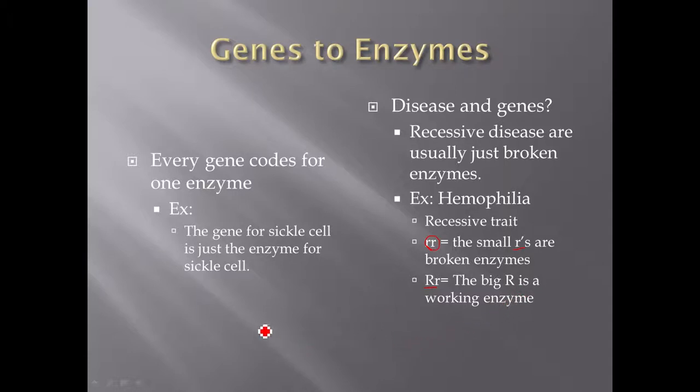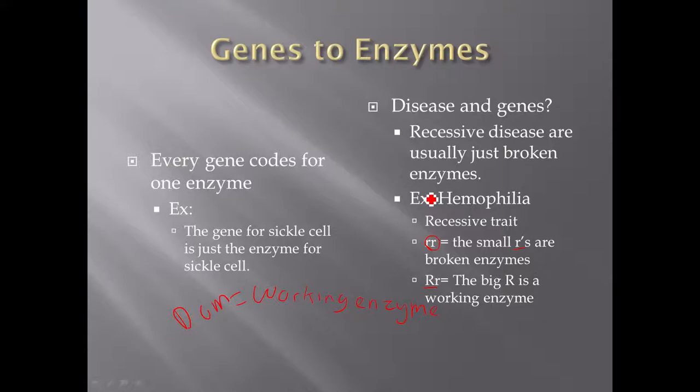That's the connection, guys. A dominant trait, so I'll put DOM for dominant, just means that you have a working enzyme. A recessive trait usually means the enzyme is broken. That's the connection, guys.